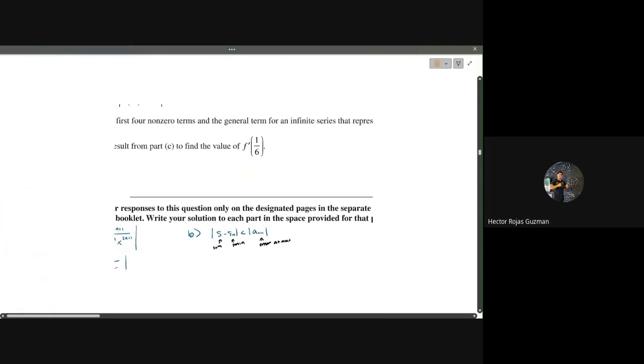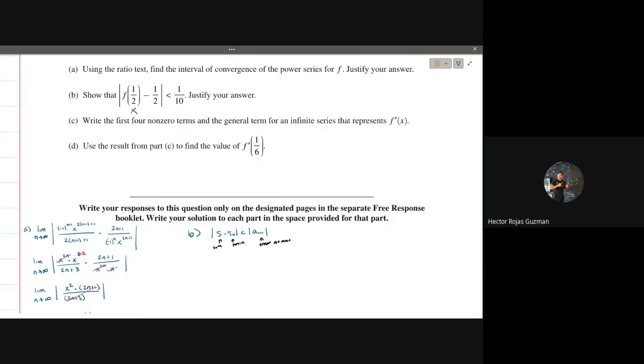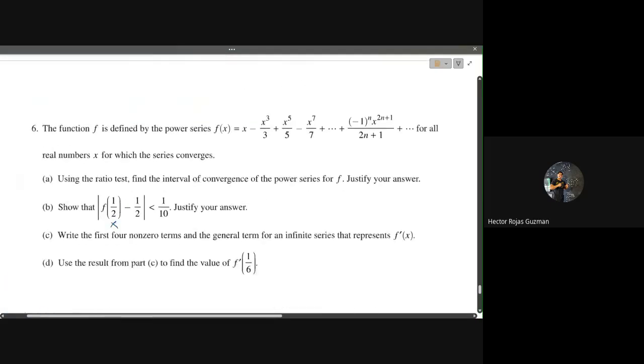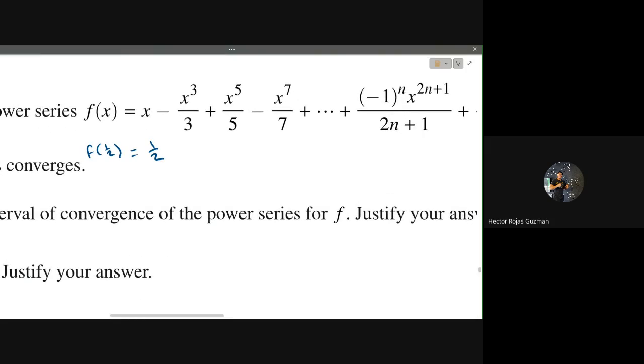And because it says that we have f of 1/2, they're telling me what x is. X is 1/2. So if I go back to my series, then it's going to be 1/2 minus 1/2 cubed, which is 1/8, times 1/3.